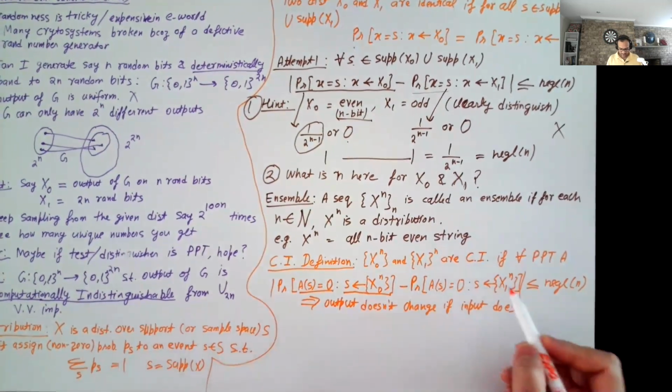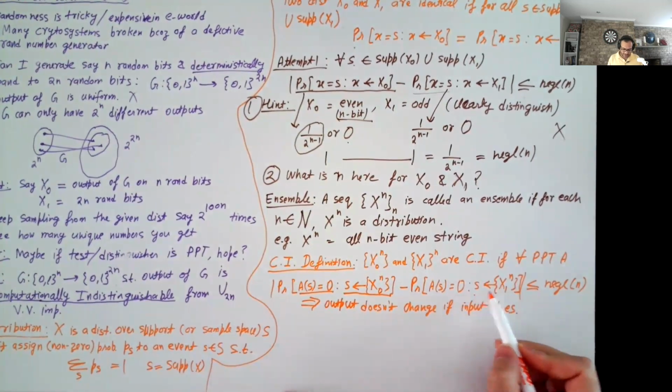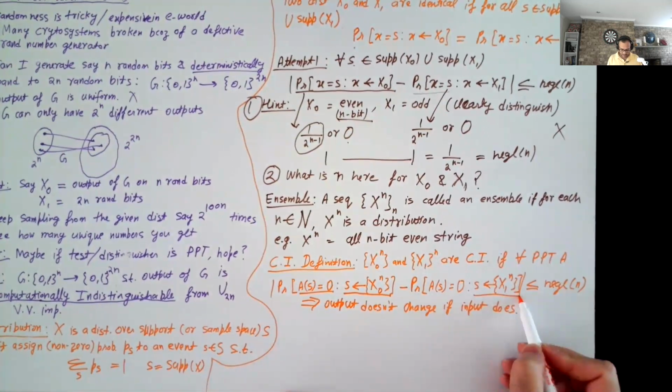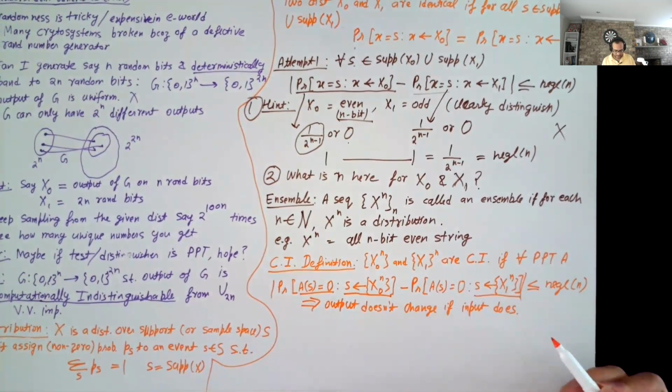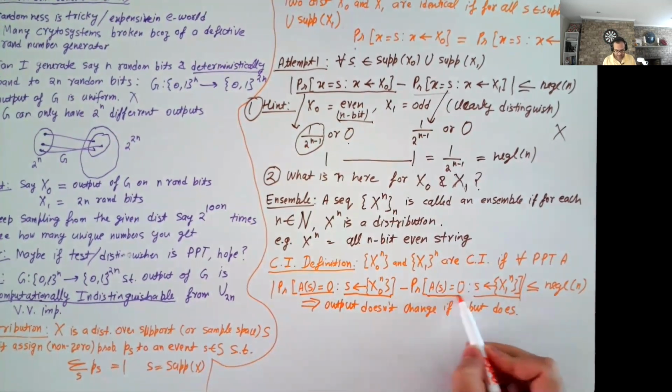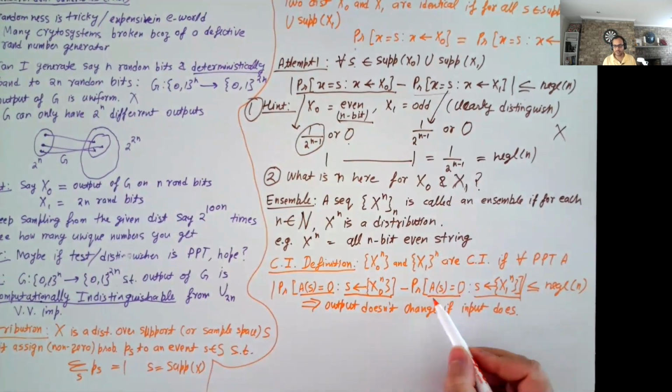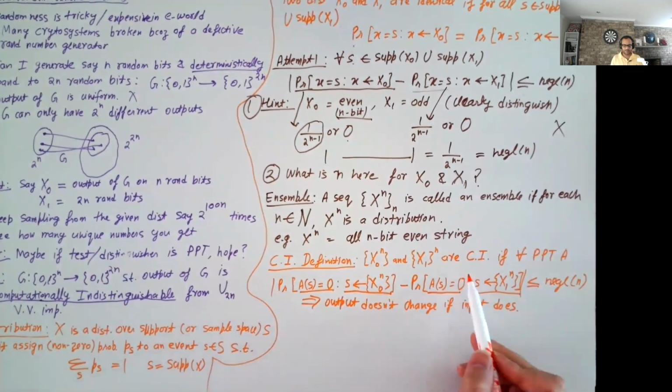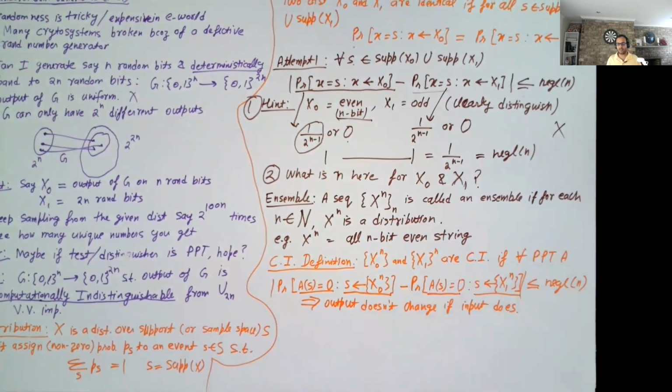On the other hand, when I start sampling from the odd distribution, the probability of this is actually 0, because adversary A always outputs 1. So I'll have 0 minus 1, and you take the mod, that's 1, not anything which is close to negligible.